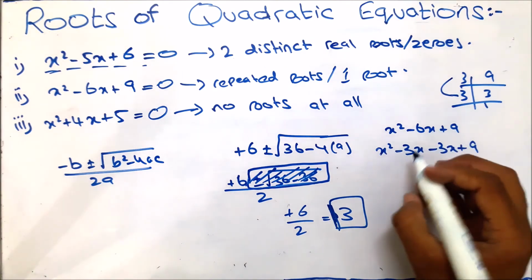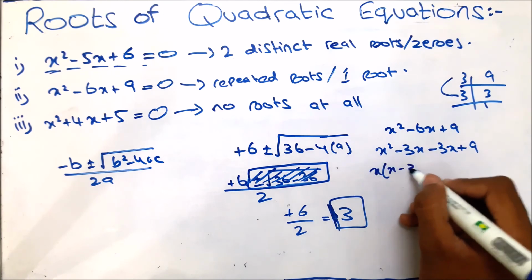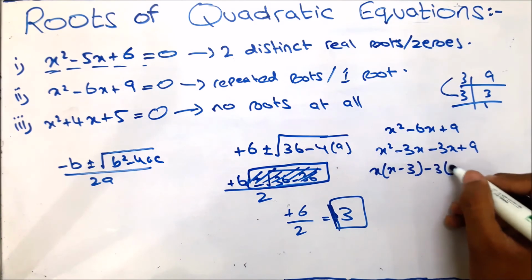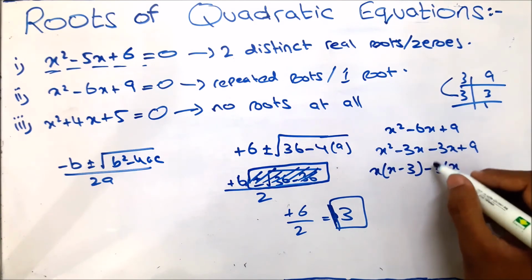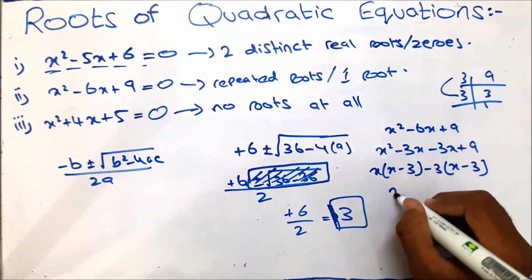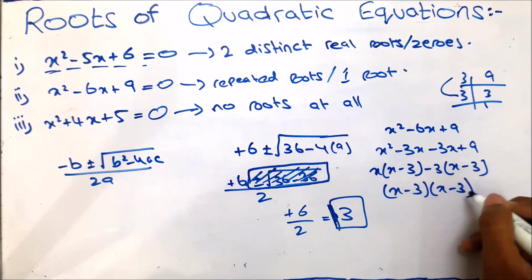When we take x as common, we get x minus 3, and again we take minus 3 as common, we get x minus 3. So here we get x minus 3 and x minus 3.